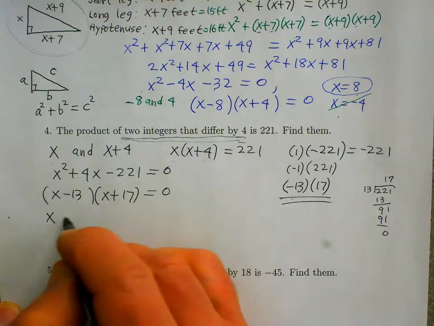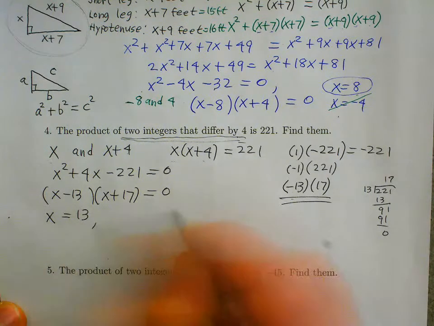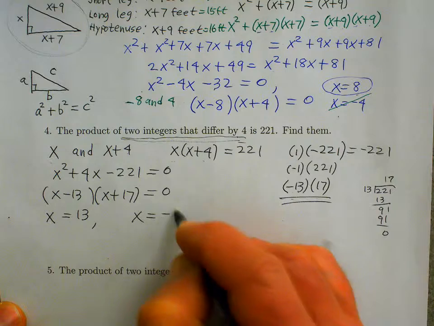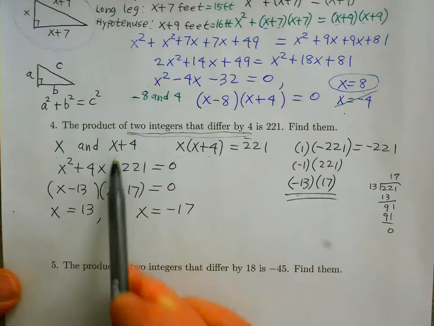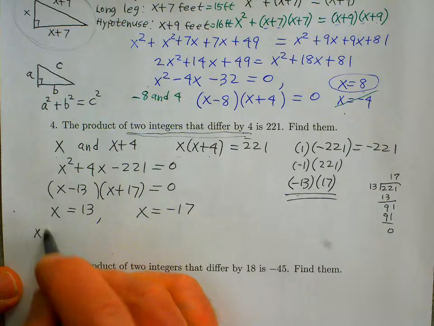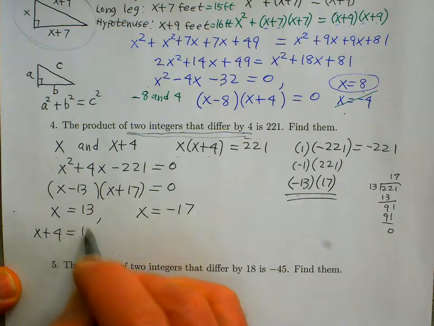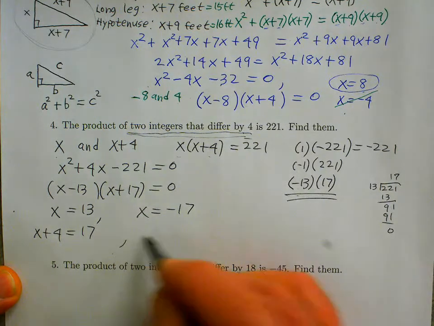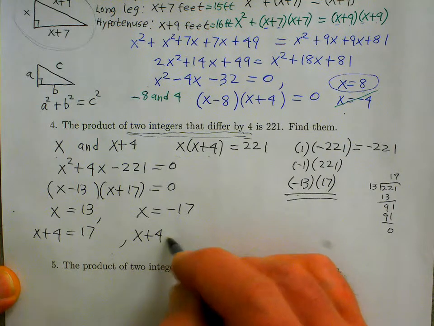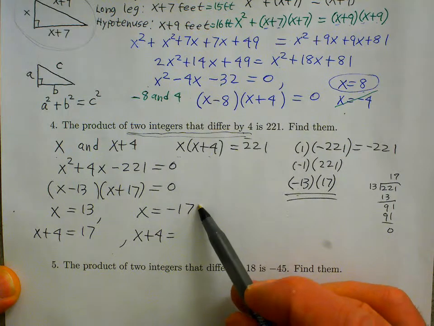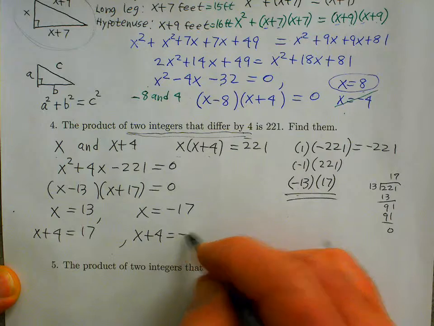So one value of x is positive 13. The other value of x is negative 17. And then x plus 4 is positive 17. And then the other pair is negative 17 and negative 13.